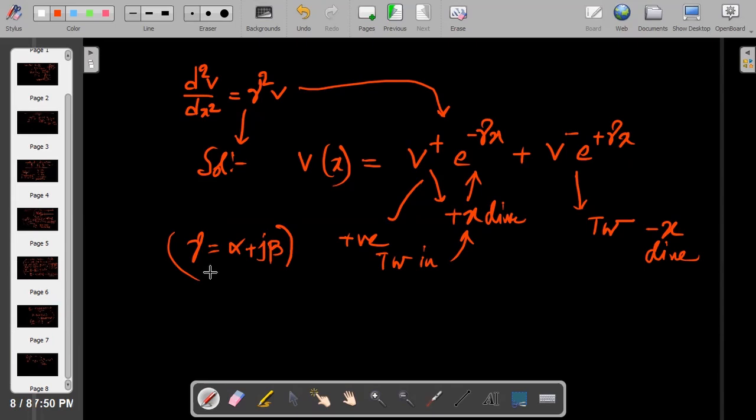Alpha is your attenuation, beta is the phase constant. So the voltage itself constitutes one traveling wave in positive x direction and one traveling wave in negative x direction. From where we get the solution is out of scope for this class. But in engineering mathematics, I think you know how to solve it. You will get two roots, one minus gamma and plus gamma. I'm not dealing with that one.